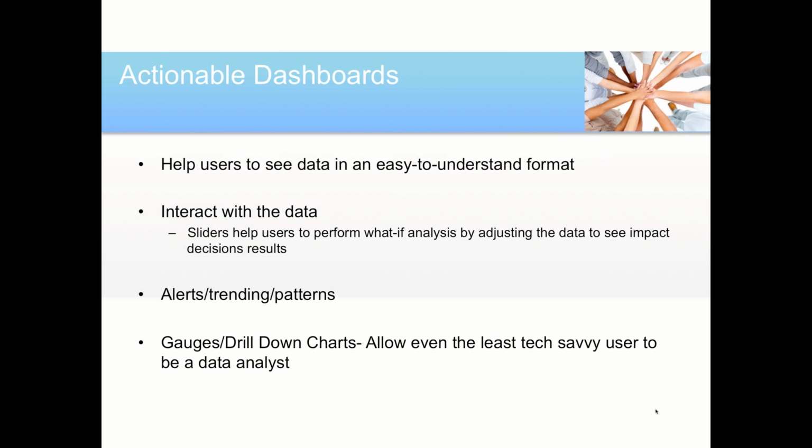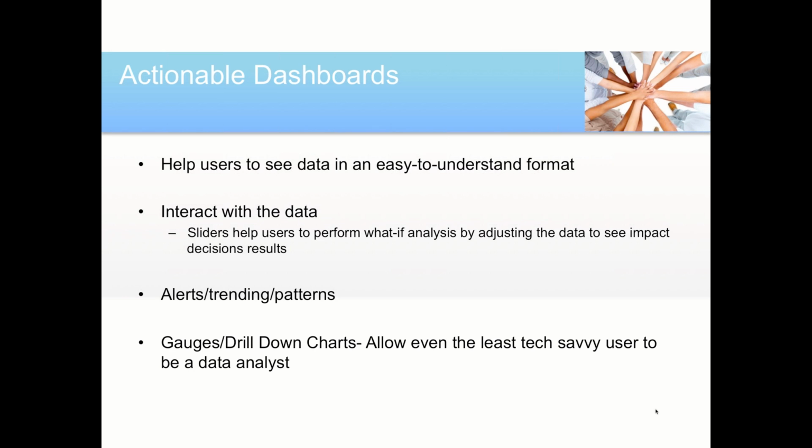Alerts, trending, patterns, these are all things that should be within your dashboard so that a user can say, oh, this is alerting me that this is not good data for this unit at our company. We need to take a look at their sales or whatever it may be. What's trending? Are there any patterns between departments or whatever the functionality of the dashboard is?